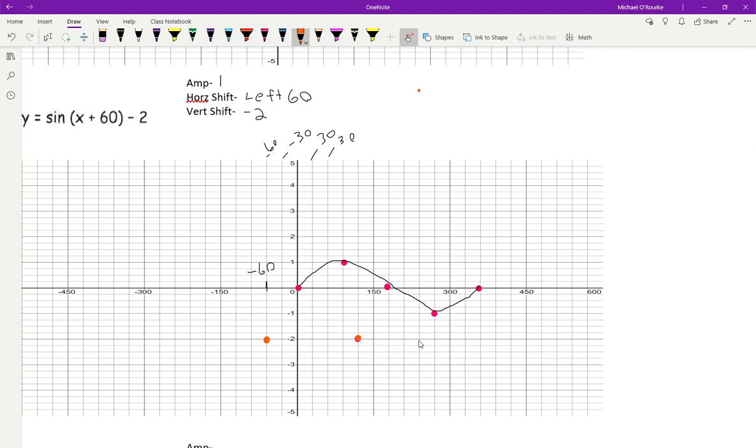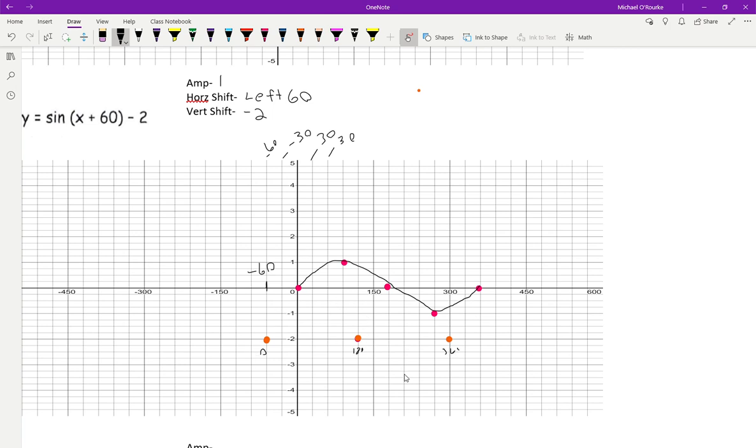Then I'm going to count another 90 to graph my 360 one, right? Because I know it's going to go up, middle, down, middle. So I'm going to graph my middles. So 1, 2, 3, 5, 6.